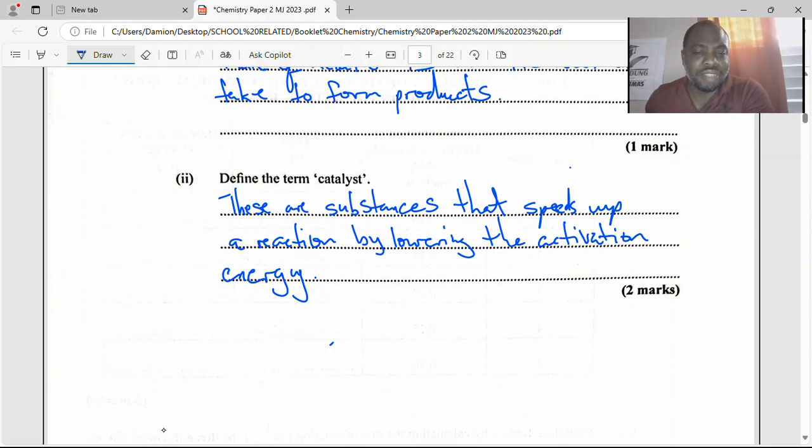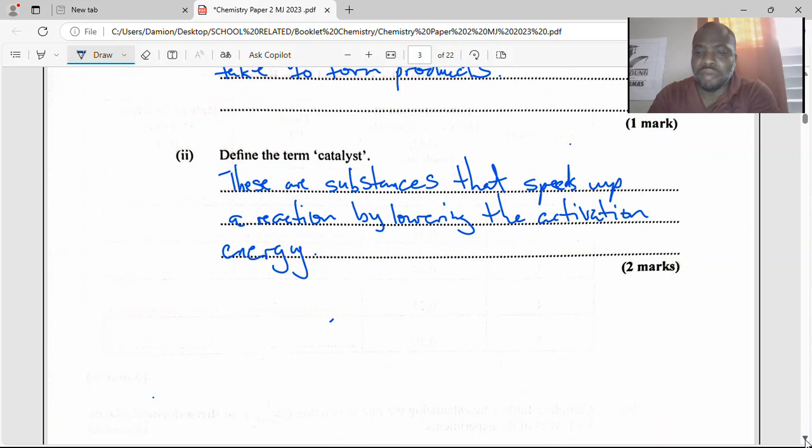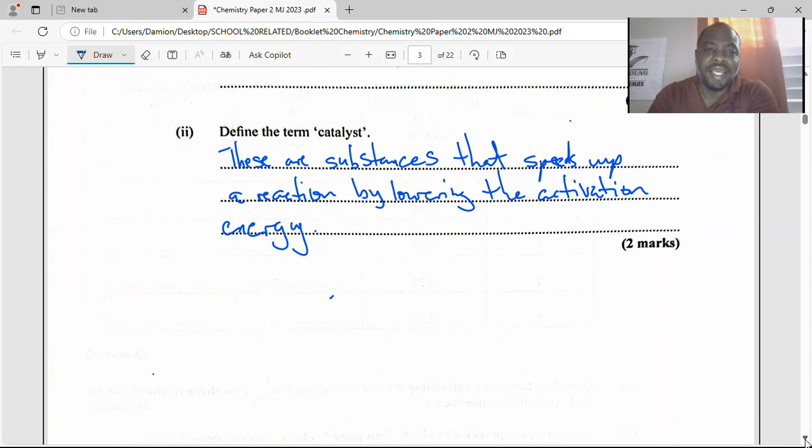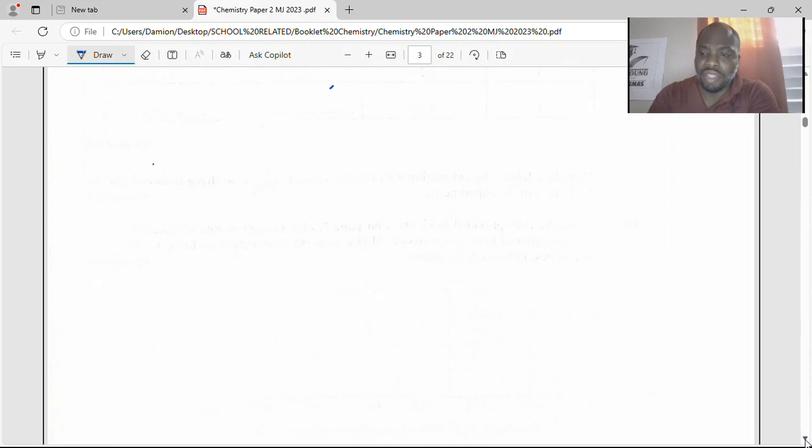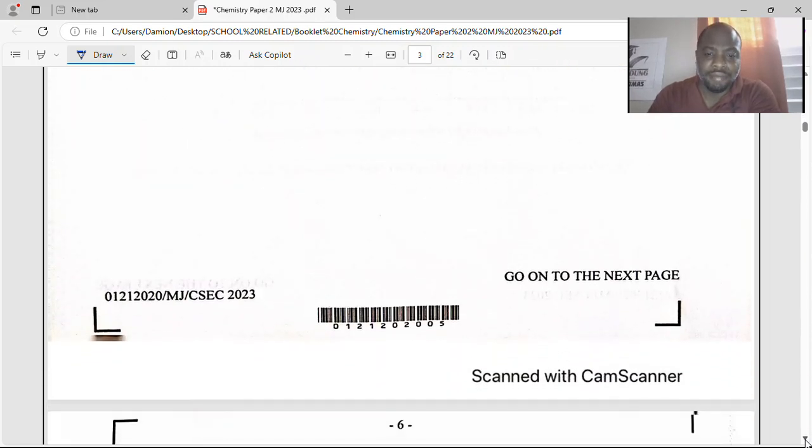Once you have a catalyst present, the amount of energy that is needed is reduced. So a catalyst helps to speed up the reaction by lowering the activation energy, the energy the reactants are required to have when they collide. Yeah?